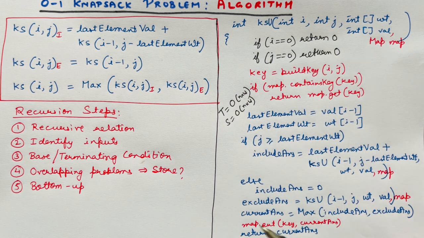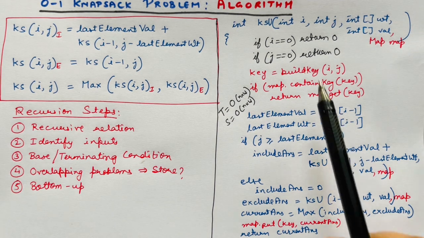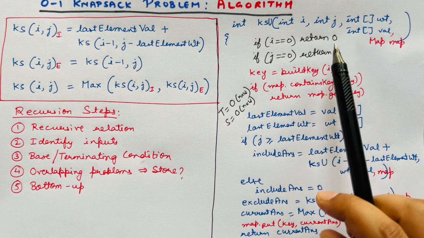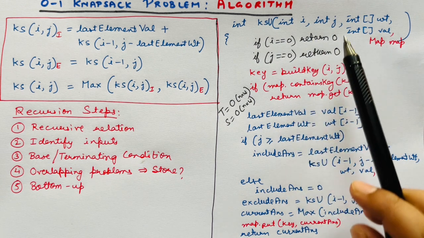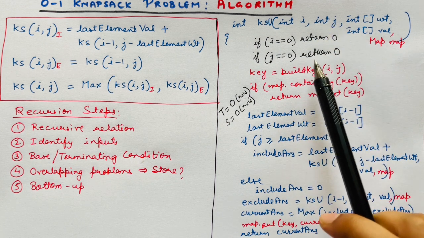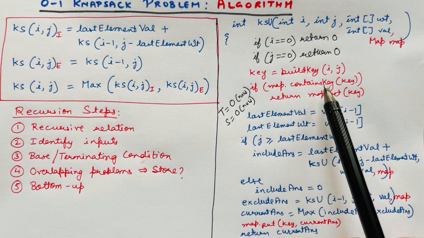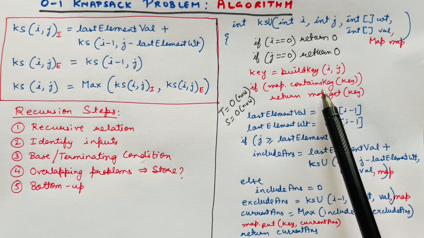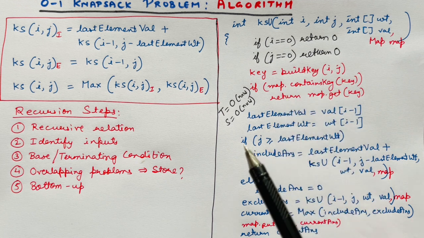Now this was a complete algorithm, but it had very high time complexity. It had many overlapping problems. But we could solve the problem of overlapping problems by using a map. We stored the answers for every combination of I and J in this map. So whenever we encountered an input, we first checked if we had encountered this input before by checking if the key was present in the map.